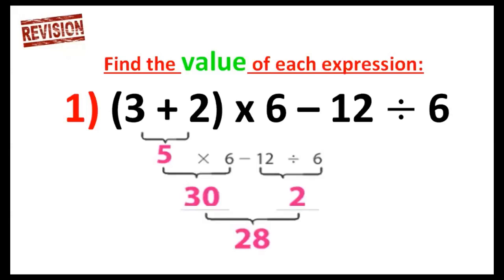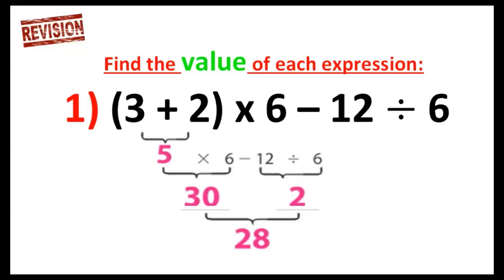Don't forget writing the sign of subtraction between 30 and 2. 30 minus 2 equals 28. This is the evaluation of the expression, or the value of the expression.